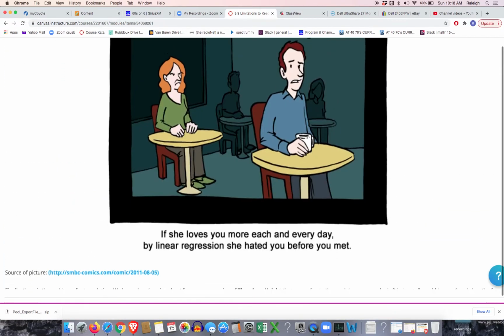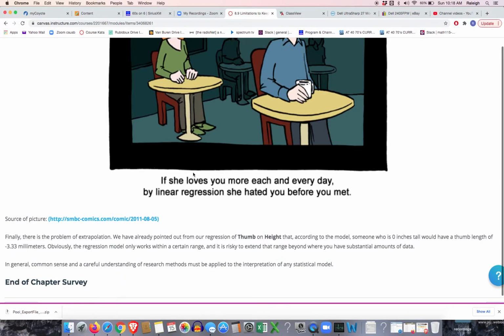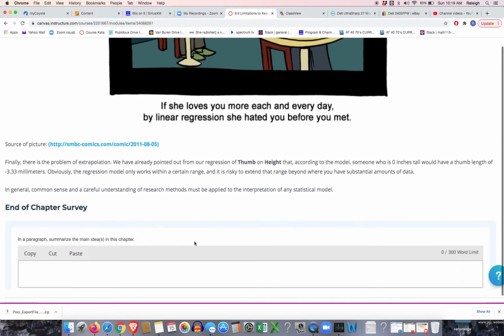Do regression lines go on forever? No, they start at a particular, meaningful spot, and they sometimes end at a meaningful ending too. And if you go outside that range, sometimes you lose meaning completely. So extrapolation, we talk a little bit about that. Somebody who might be 0 inches tall is predicted to have a thumb length of -3 millimeters. No, don't think so.